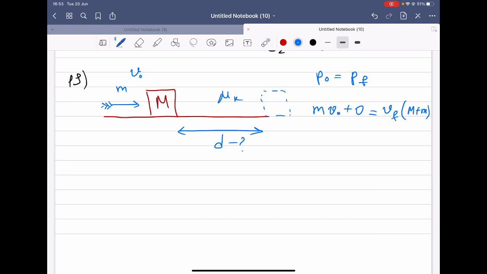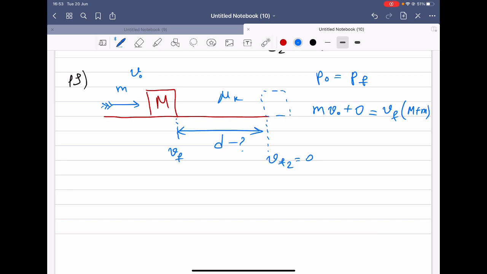Now you should keep in mind that this V final is just when it hit the block and it starts moving. So we can also say that when it moves a certain distance, V final 2 becomes 0 when it stops.